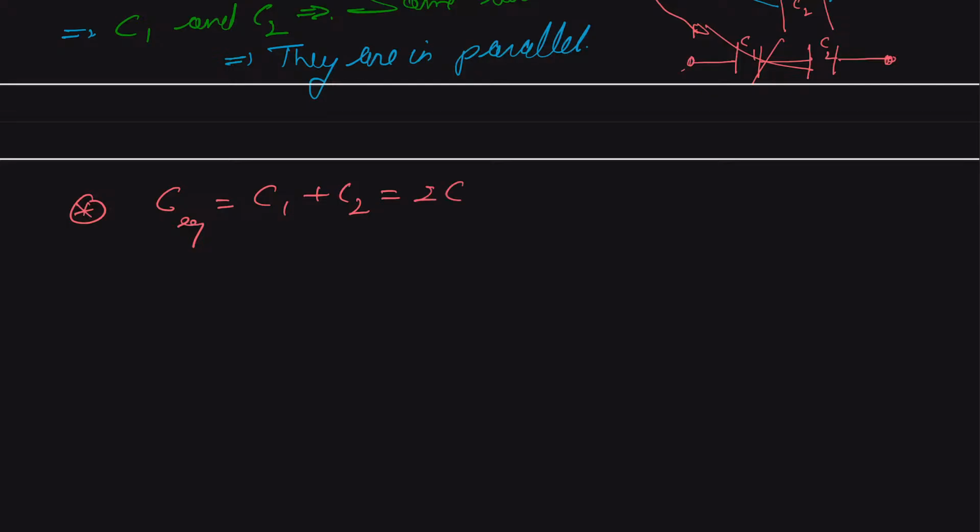C1 is twice C and C2 is also twice C. Therefore we get that C equivalent will be equal to 4 times C. This is our solution.